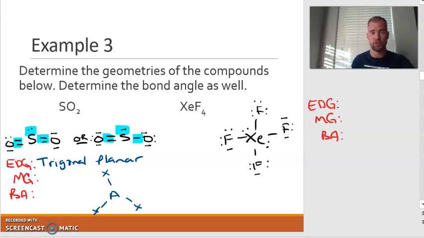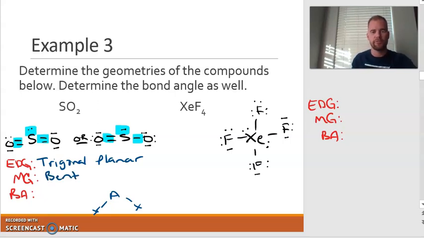Now, of those 3 electron domains, 2 of them are bonded to oxygen, 1 is a lone pair. So if I get rid of that, that's my lone pair, right? And I want to ignore that. What am I left with? I'm left with a bent shape.